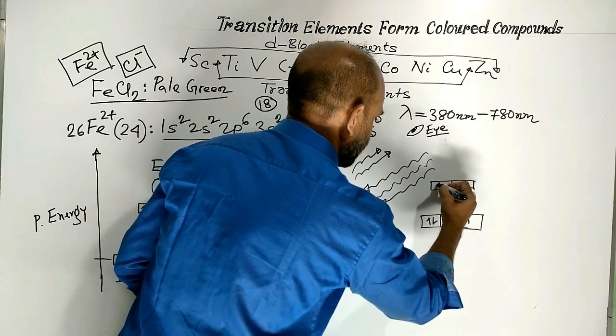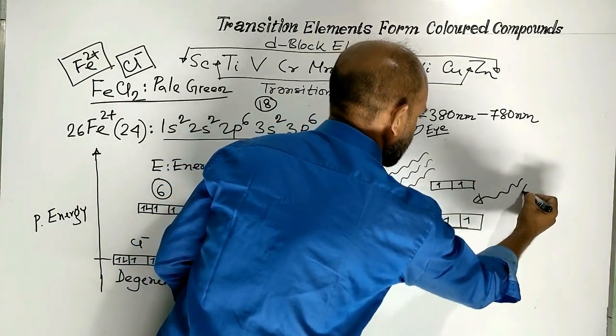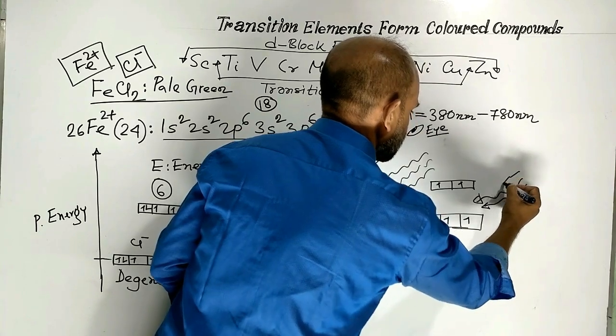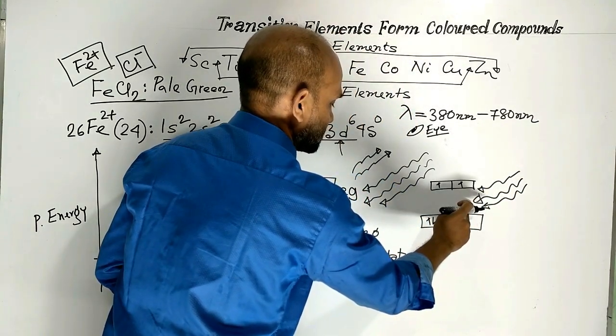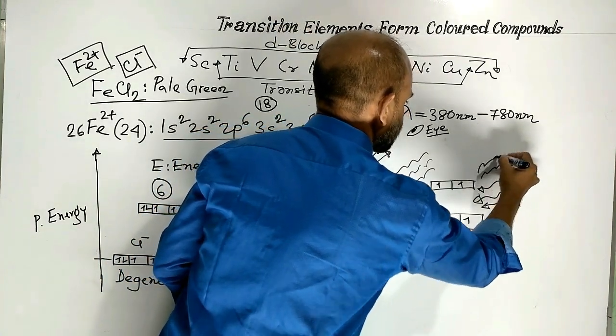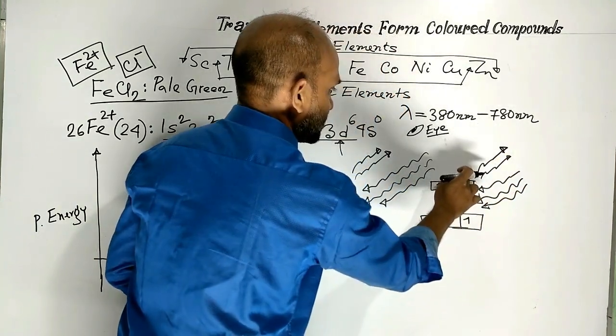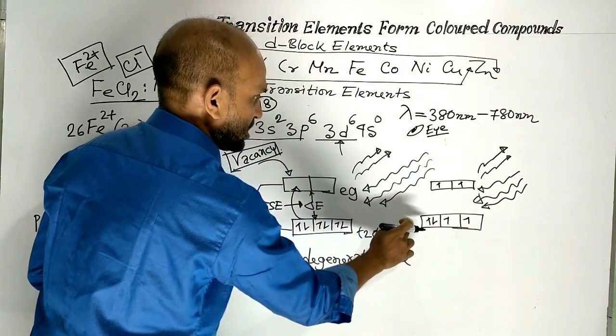Absorbing some radiations of the visible light region, at the same time this ion reflects the remaining radiation from the visible light region and the ion looks colored.